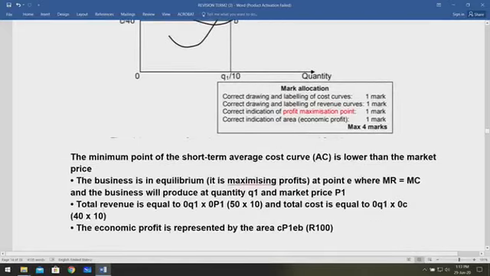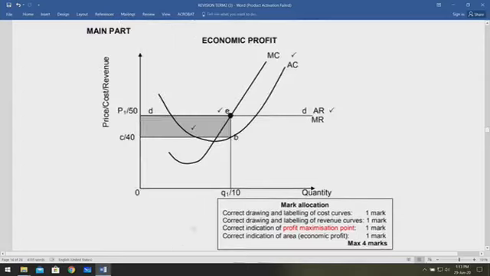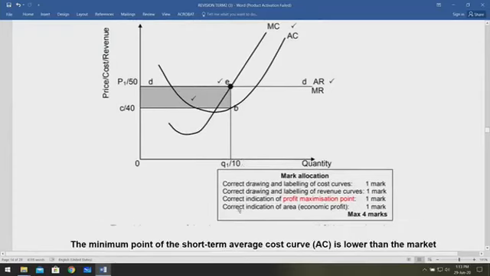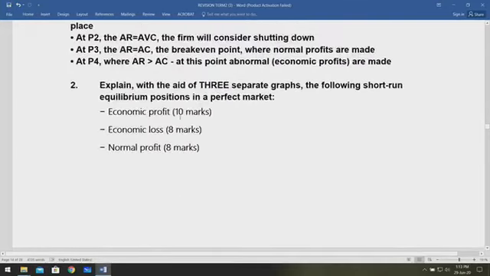So those are the 3 points that's being discussed there. And any additional things you want to talk about, but it's not necessary. If you just discussed how to derive total revenue, how to derive total cost, and what the profit is, then that's your 6 marks, and the 4 marks for your graph is already giving you your 10 marks.